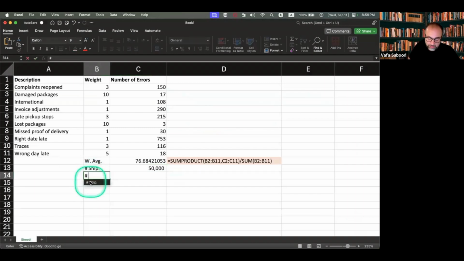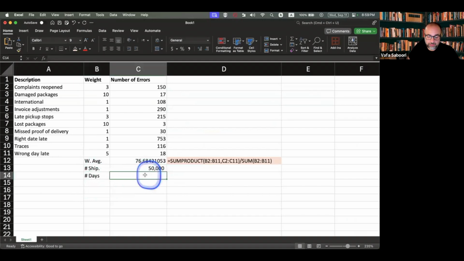The number of days that we are operating each week is 5 days. And so now that we have this 50,000 shipments during 5 days, for calculation of service quality index, first we need to get this weighted average of errors and divide that by the total number of shipments during that week.